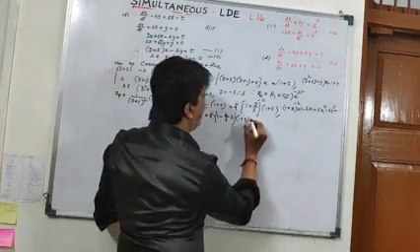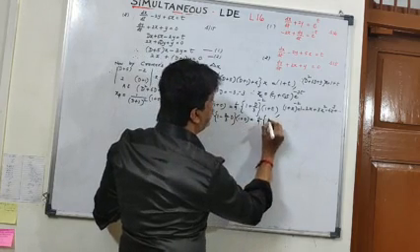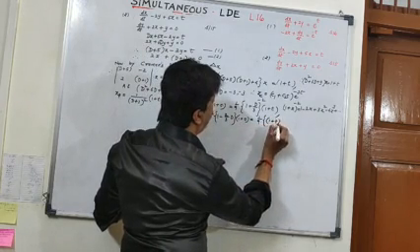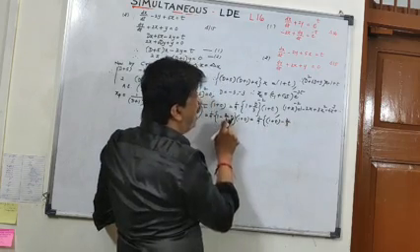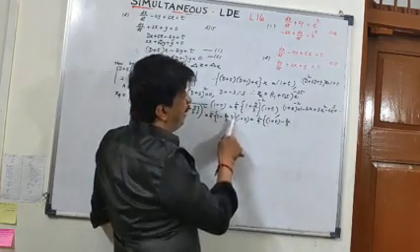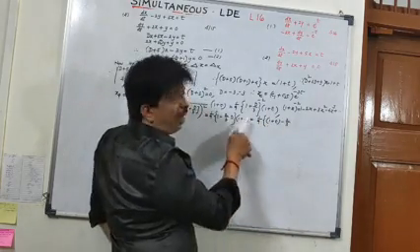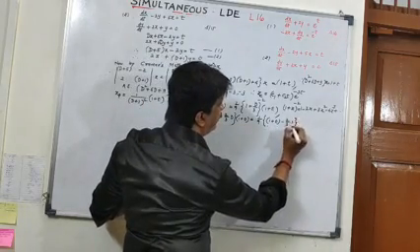So 1/9 times 1 into (1 + t) is 1 + t, minus 2/3 into capital D into (1 + t). D means d/dt. Derivative of 1 is 0. Derivative of t with respect to t is 1. So it is 0 + 1, that is 1.